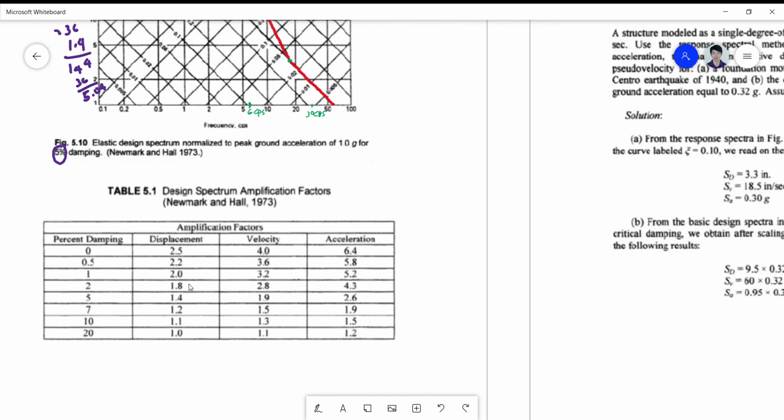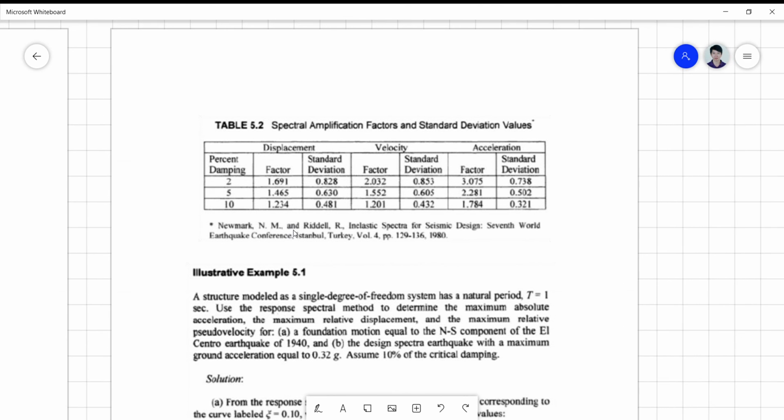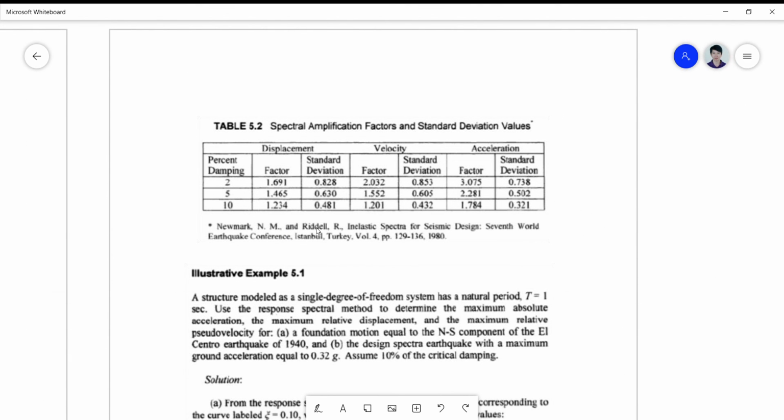So this 1.4, 1.9, and 2.6 here. Newmark and Riedel is different. So they get different values. They computed the standard deviation and found out that the standard deviation is quite big.